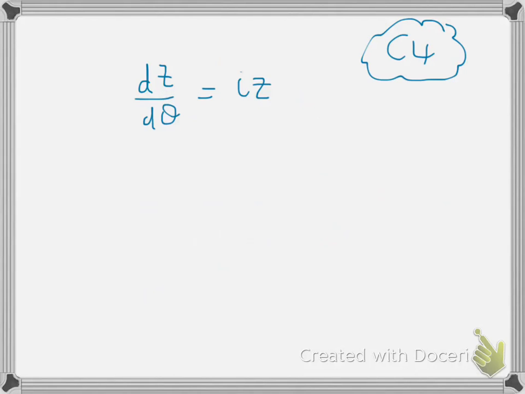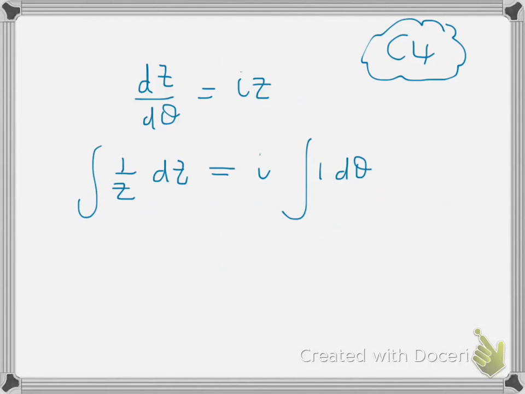So I'm going to write my integral sign, so that will be 1 over z, taking the z to the left-hand side, dz, and that will be equal to, now my i component would be the integral of 1 d theta, because I've taken the d theta over to the right-hand side.